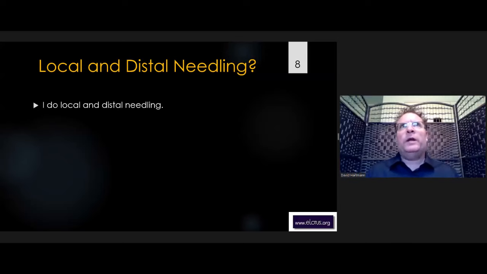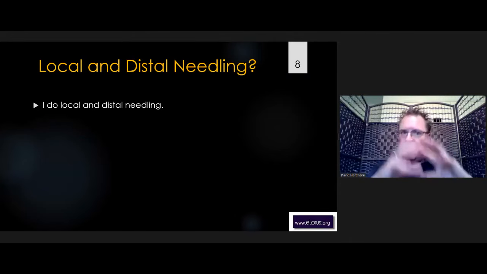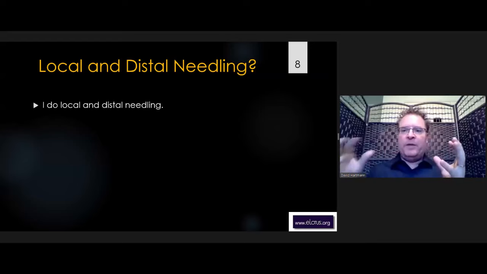Local needling you might not do after someone's had say, heart surgery because they don't want you to touch their chest ever again. And so you need to figure out ways around that. And we know that there's enough distal points to treat that local area anyway. I'm just a very big fan of putting some in that local area, some in that distal area.